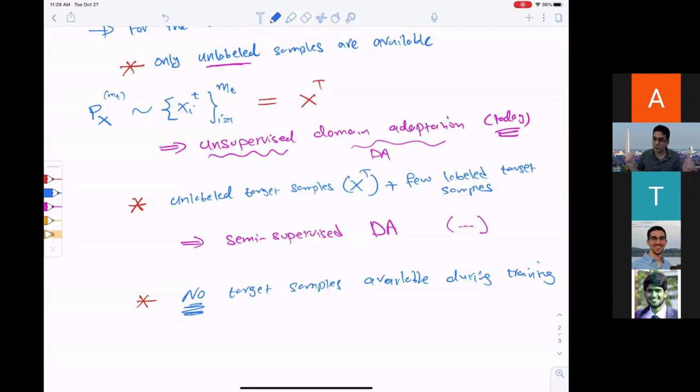Let's say you are training your classifier on samples with a sunny background, and then you want to deploy it in your self-driving car or your classifier in Boston or someplace with cold weather, and you have some wintry backgrounds. You can have a lot of unlabeled samples, but you may be able to annotate only a few target samples.